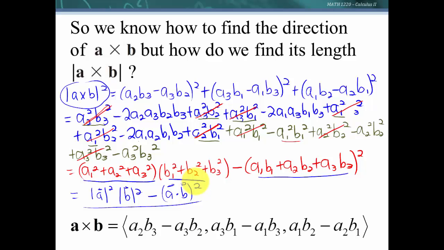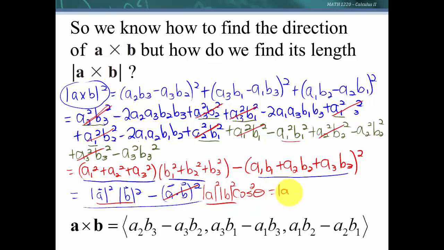Now we're going to replace that (A dot B) squared with the definition of the dot product that we found. That was magnitude of A, magnitude of B, cosine theta, but we need to square everything. Now we could factor out the magnitude of A squared, magnitude of B squared.